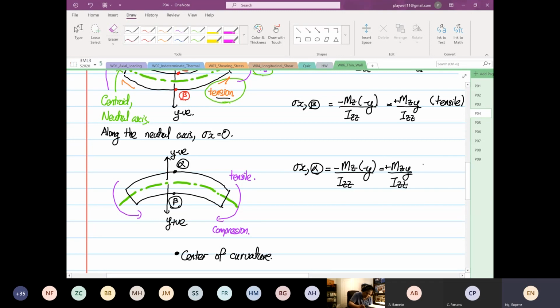So now this becomes tensile, which is true. And then stress x at point beta is equal to minus Mz y over Izz. Now y is positive, so you have minus Mz multiplied by y divided by Izz. Now you have compression.